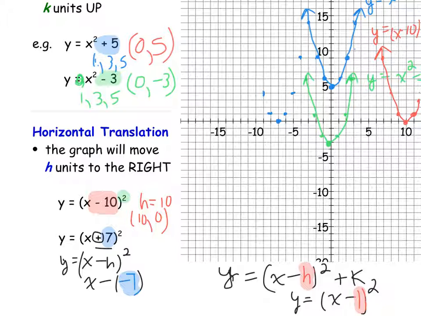But notice that I have a new axis of symmetry with my horizontal translations. It no longer goes through the y-axis. So there I go, y equals (x plus 7) squared, and I'm done.